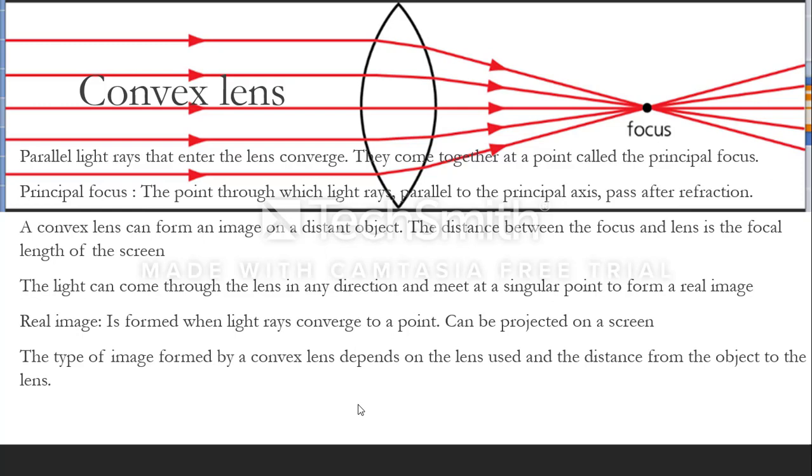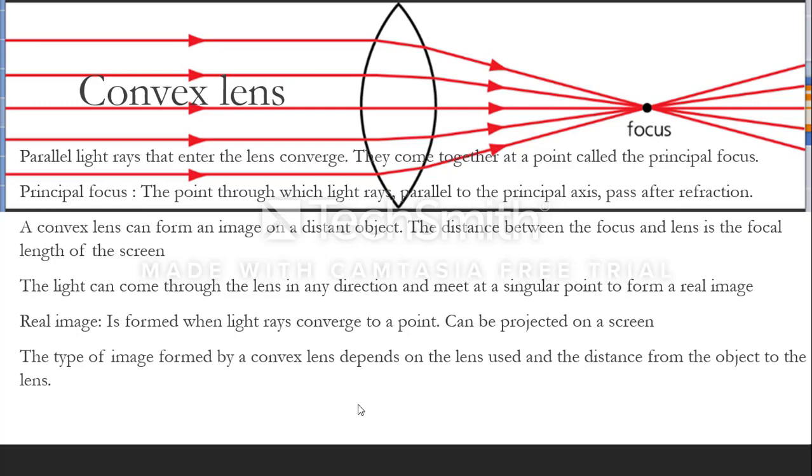A convex lens can form an image of a distant object. The distance between the principal focus and the lens is the focal length. The light can come through the lens in any direction and meet a single point to form a real image.